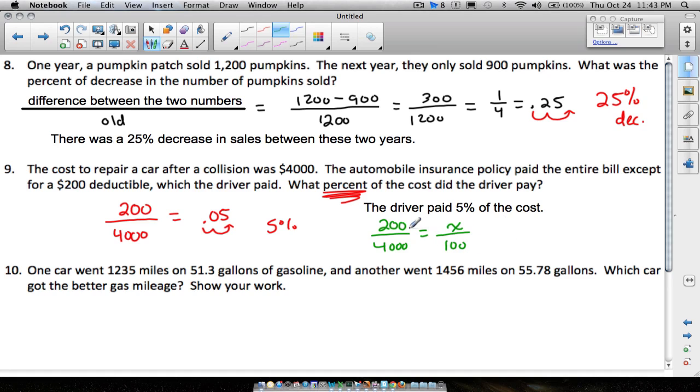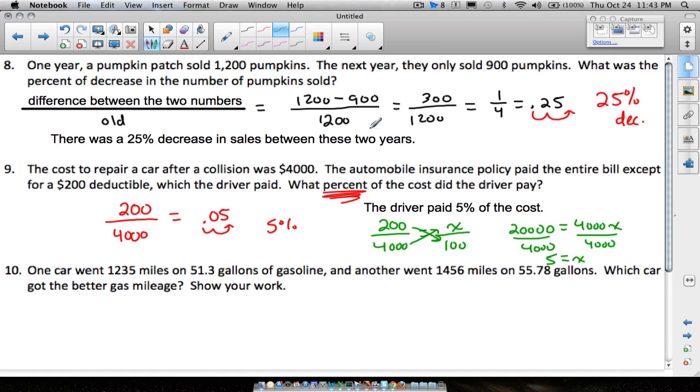So if you cross multiply here, this causes a little bit more work though. 200 times 100, you get 20,000. And this is equal to 4,000x because that's the other cross product. If you divide by 4,000 on both sides, you get 5 is equal to x.